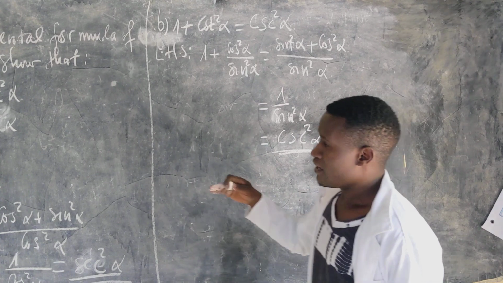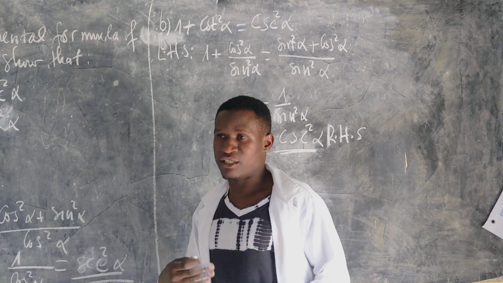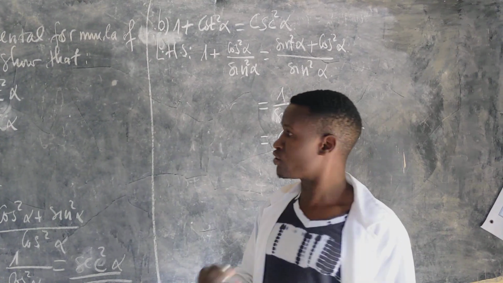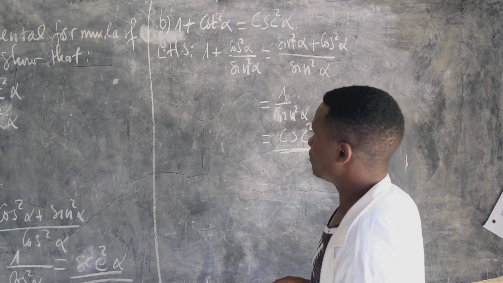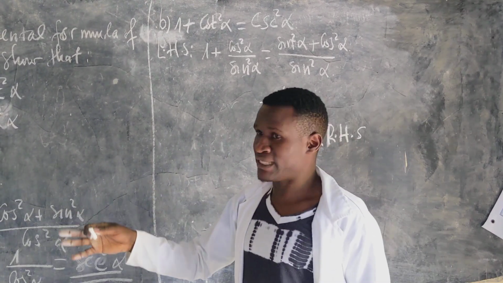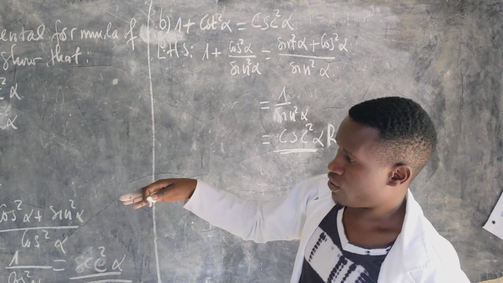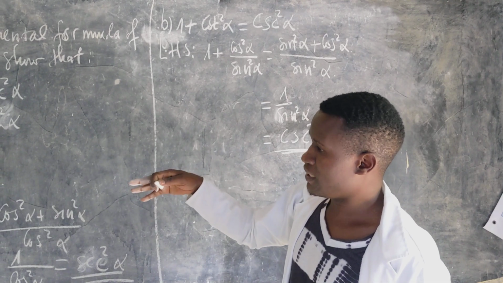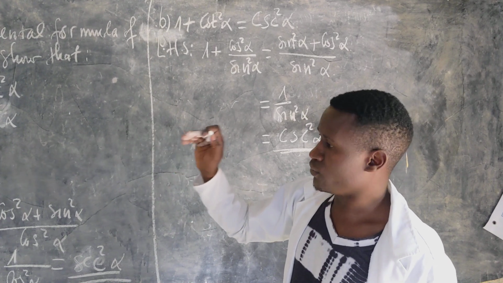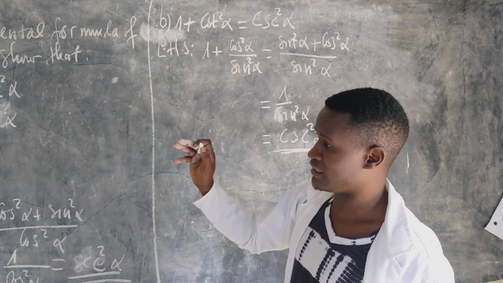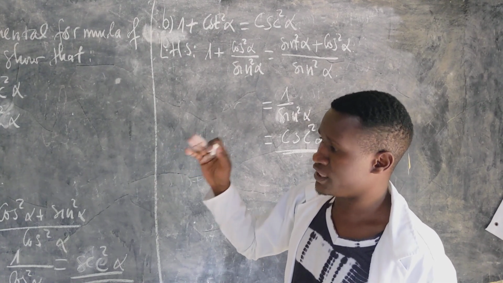So, trigonometric identities are so many, but six of them are fundamental, and the other important formula is the fundamental relation of trigonometry, which says that cosine square of an angle plus sine square of an angle is equal to what?